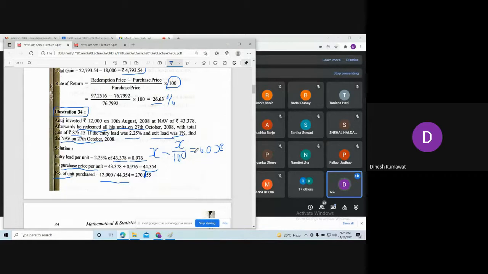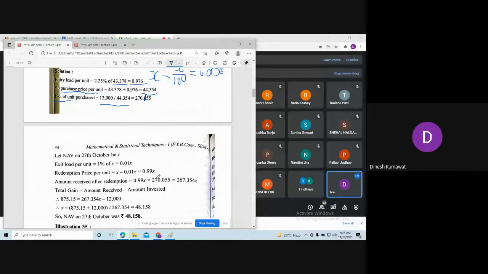So x minus 0.01x is 0.99x. So this is our redemption price per unit. Is it clear till here? Yes, sir.